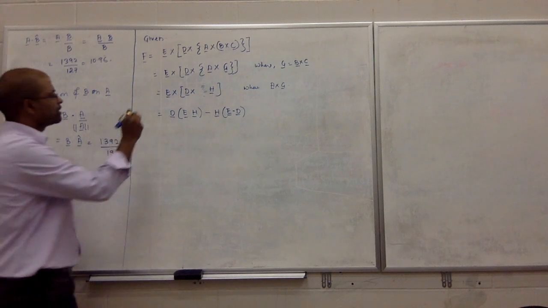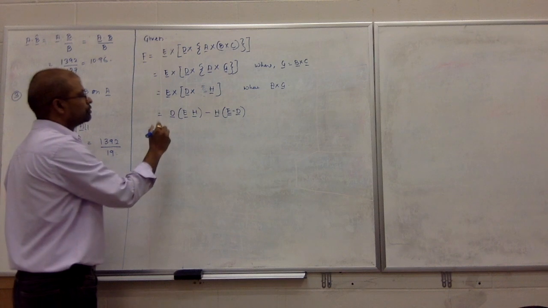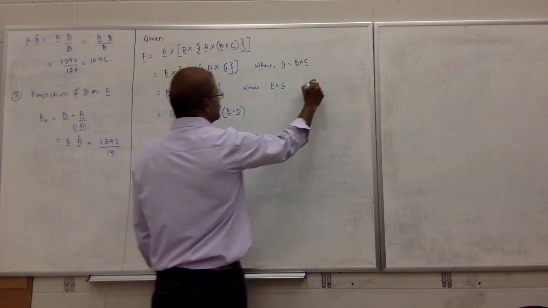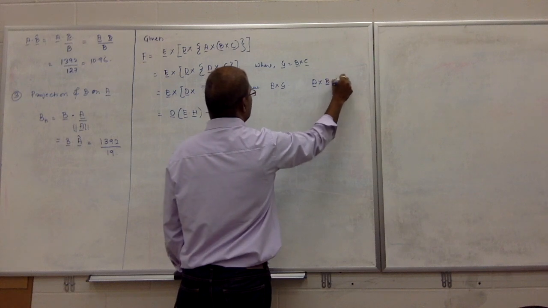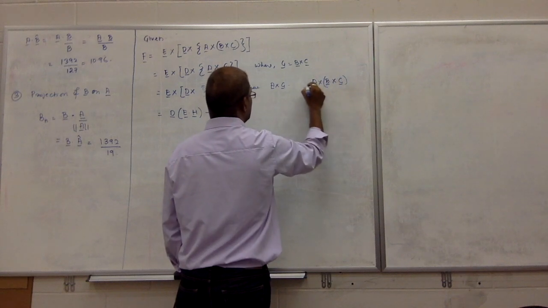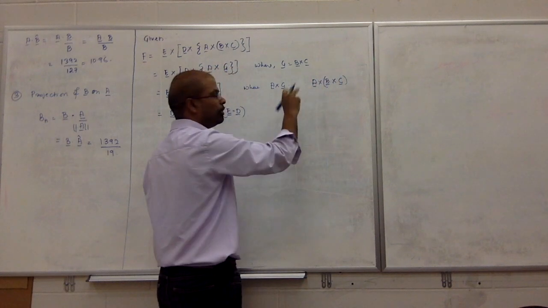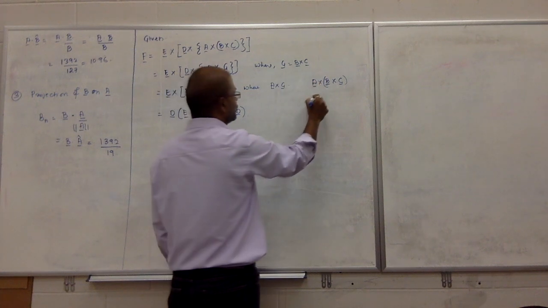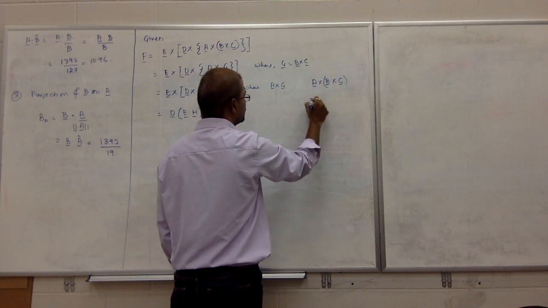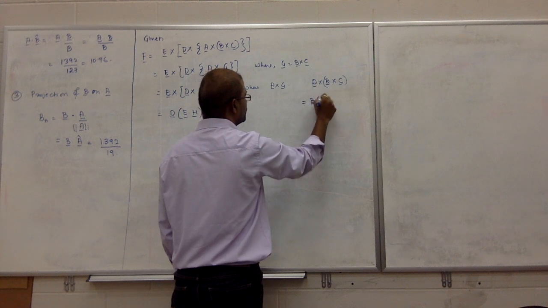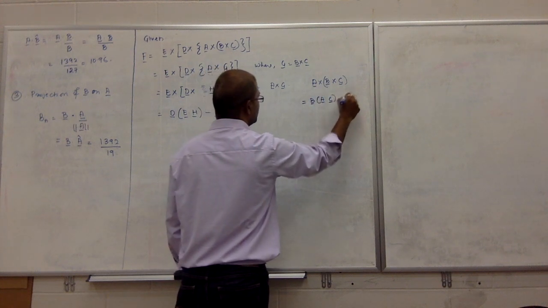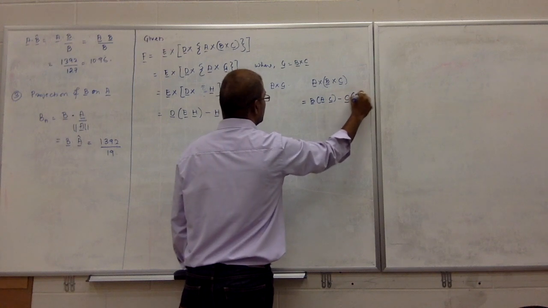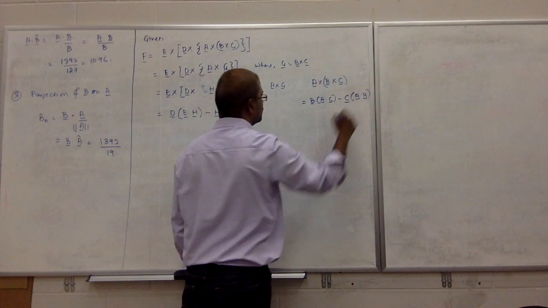So think about this as, how do you apply the BAC minus CAB rule? If you have A cross B cross C, the BAC minus CAB rule applies to ABC. What is it? B(A·C) minus C(A·B).